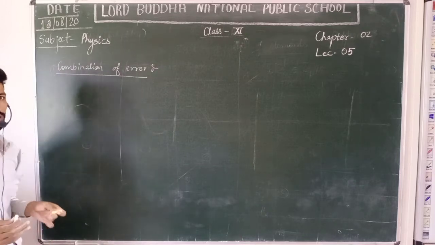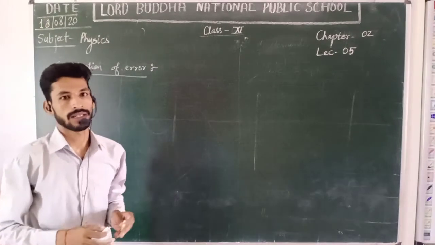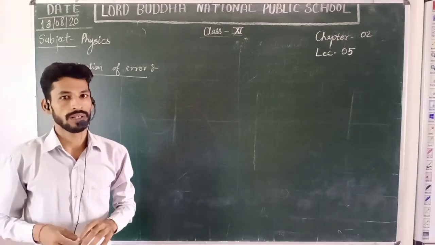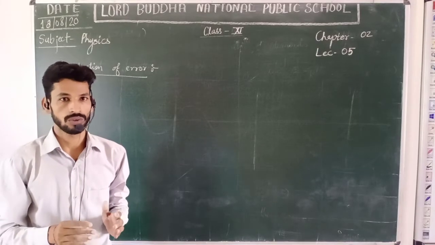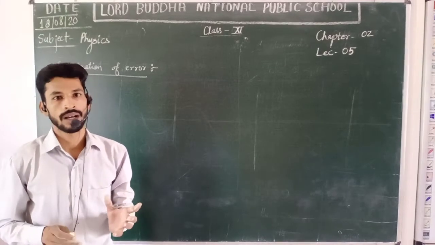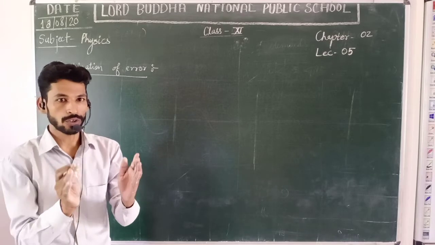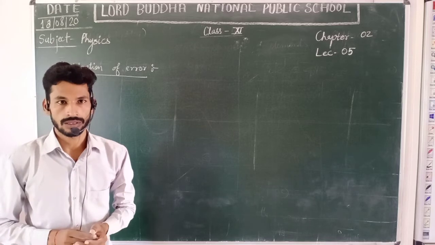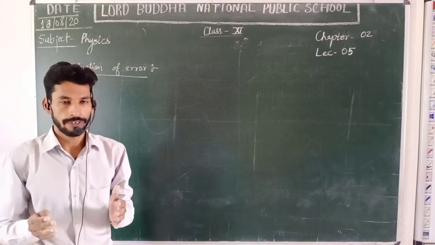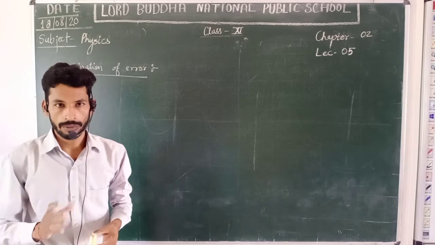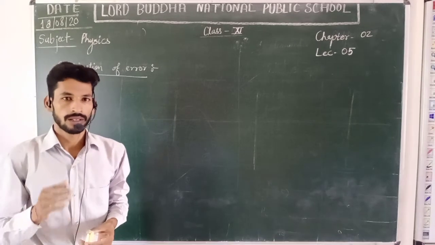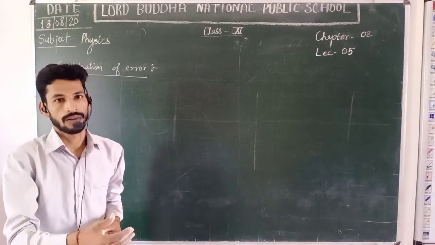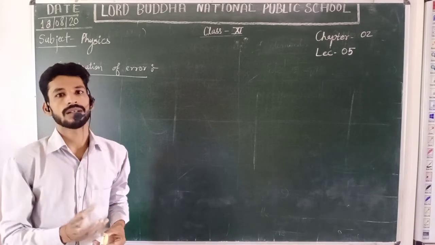Any physical quantity which is measured by a measuring instrument, the measuring instrument can never be perfect. So there will be some errors, and when we are adding two different physical quantities together by mathematical operations, the final result will not be perfect, because the physical quantities being added also have some errors.